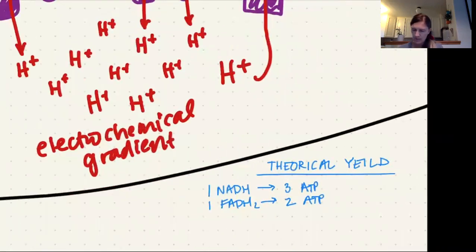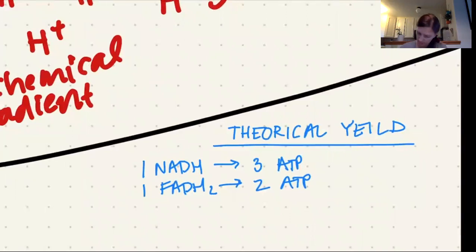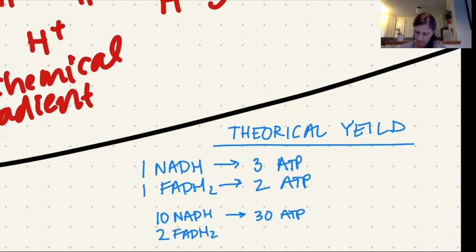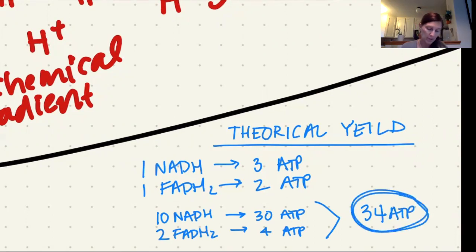If we have 10 NADH, that's in theory about 30 ATP. We have 2 FADH2, which would give you about 4 ATP. And this is why people always say that oxidative phosphorylation gives you about 34 ATP.